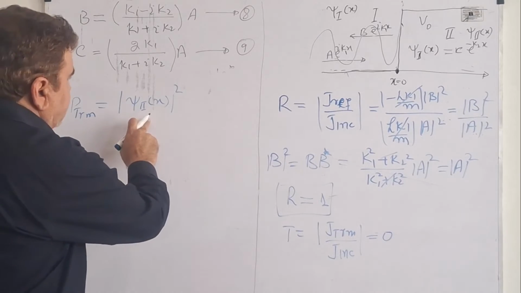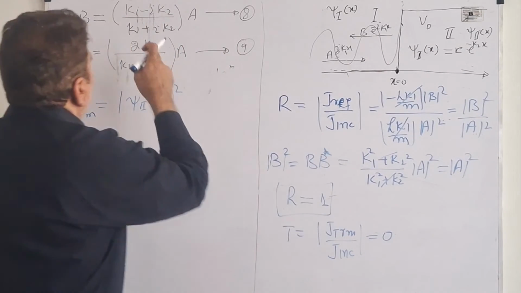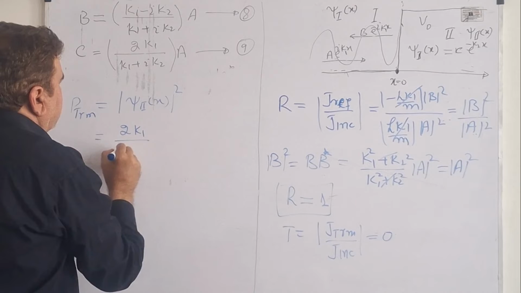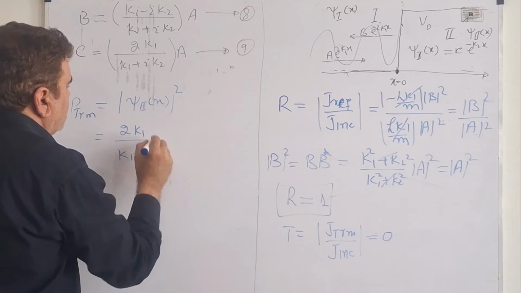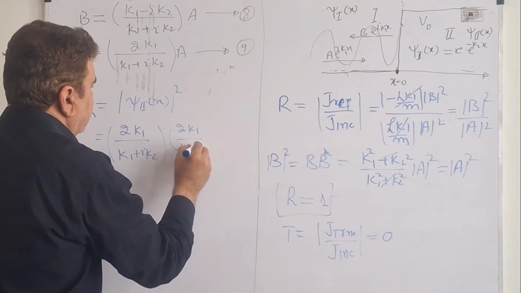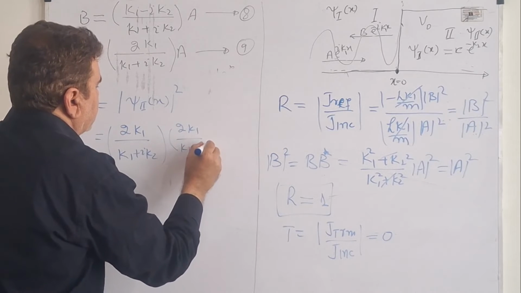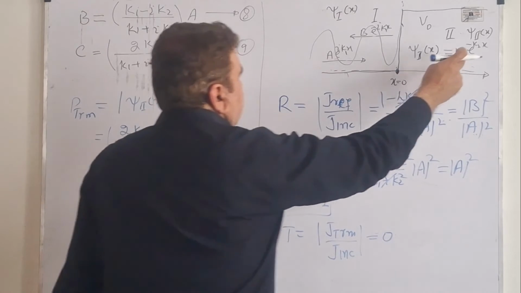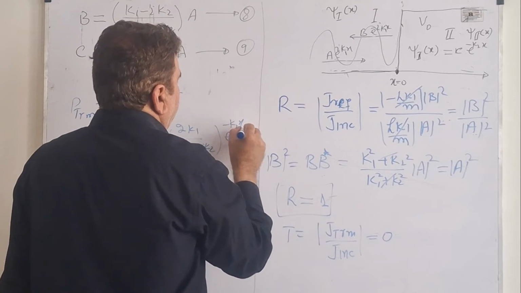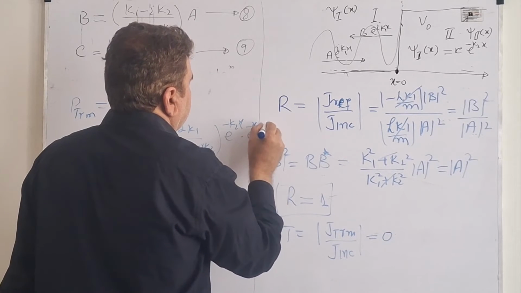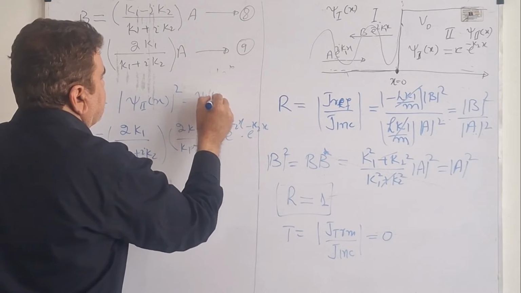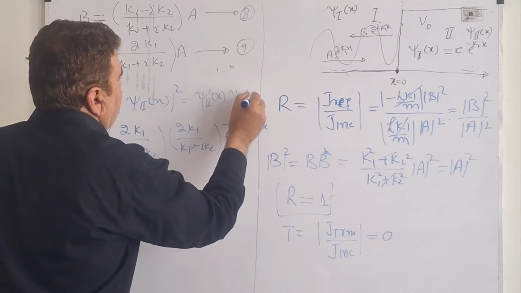So I want to find this thing, and if I substitute that value and the value of C, I can write this as 2k1 divided by k1 plus iota k2, into 2k1 divided by k1 minus iota k2, and then multiplied with this twice, so I can write exponent minus k2x multiplied by exponent minus k2x, because this is in fact equal to psi 2 of x into psi 2 of x star.